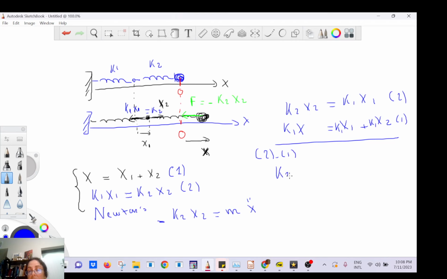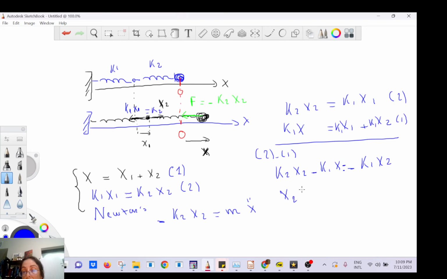So I have K2 x2 minus K1 x equals, the x1 term goes away, minus K1 x2. And I want to extract x2.